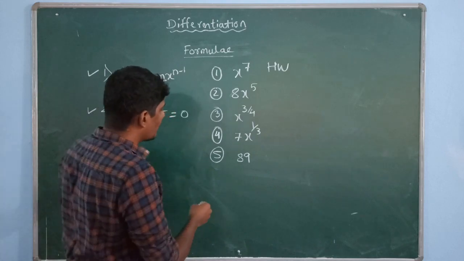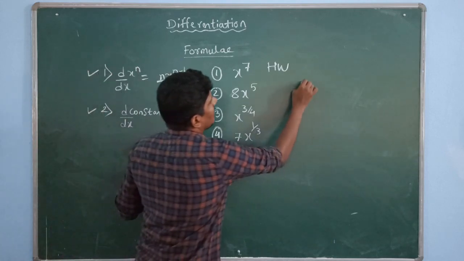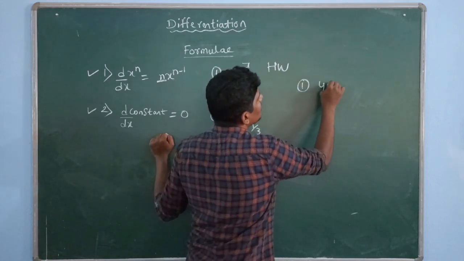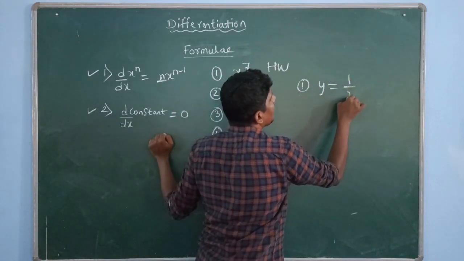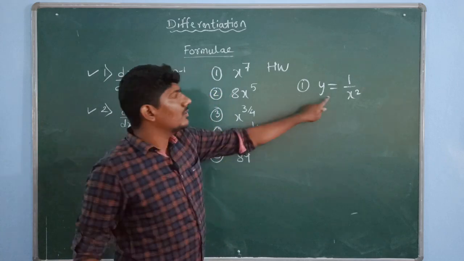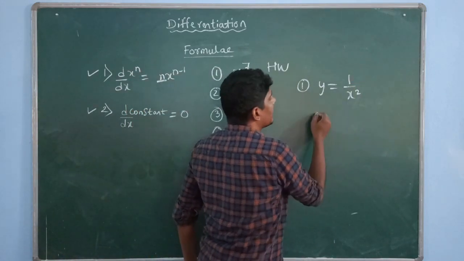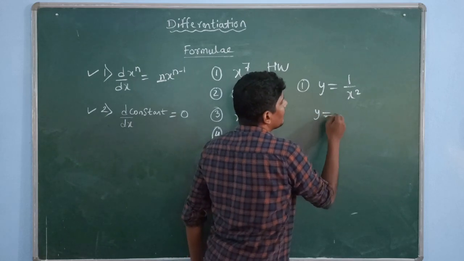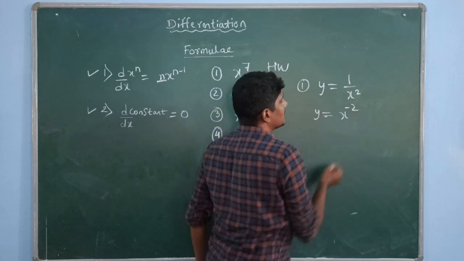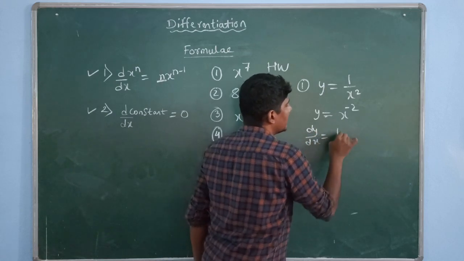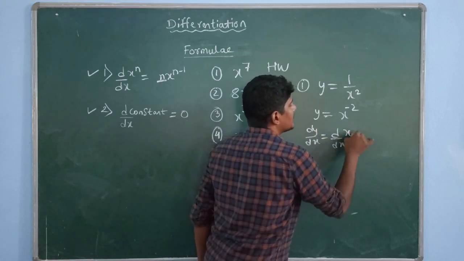Next, we have one more point. Differentiate this one: y equals 1 by x square. Now, in this case, what should we do? Take x square to the numerator. So y becomes x raised to minus 2. Now you differentiate. dy by dx equals d by dx of x raised to minus 2.